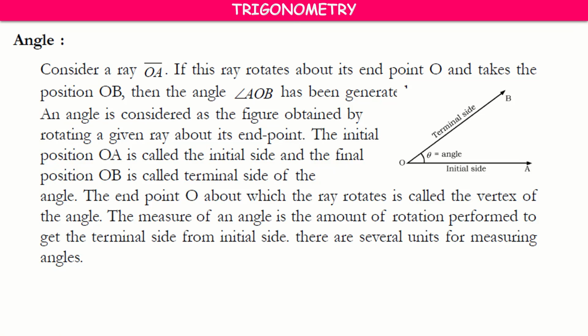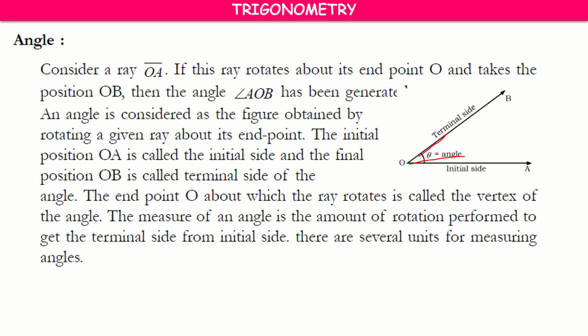Next, observe here the angle. You know angle: the union of two rays. OA is one ray and OB is another ray. If two rays are joined at a common initial point O, then they form an angle.